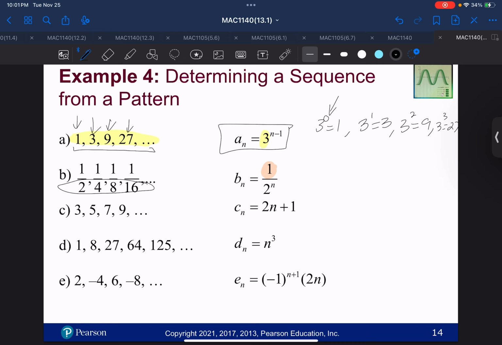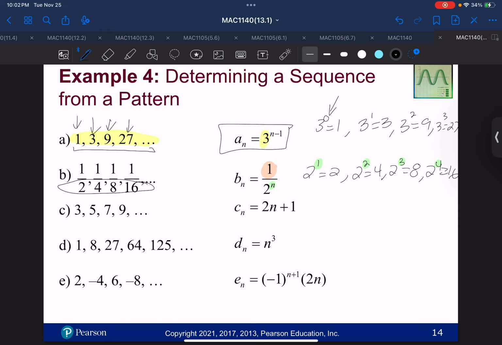But these are all the powers of 2 in order, starting with 2 to the 1 power, which is 2. 2 squared is 4, 2 cubed is 8, 2 to the 4th power is 16. So these powers are just going up by 1 each time, and it starts with 1, so I know that it just needs to be to the n power, because n will start at 1 and then be only positive integers.